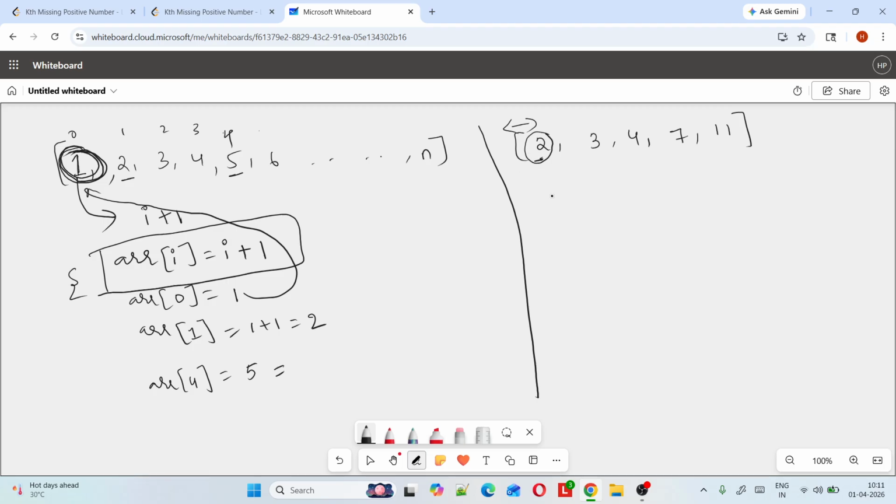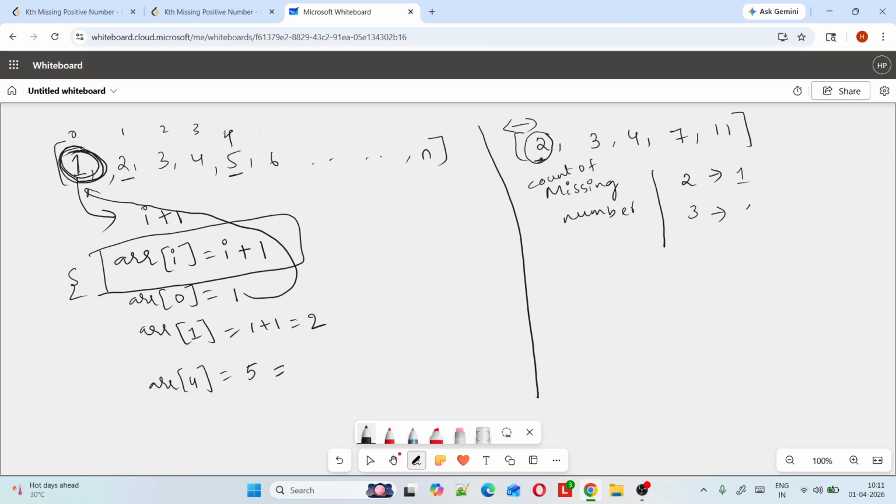So the count of missing numbers for each element in the array. For 2, how many missing numbers? We have only 1.